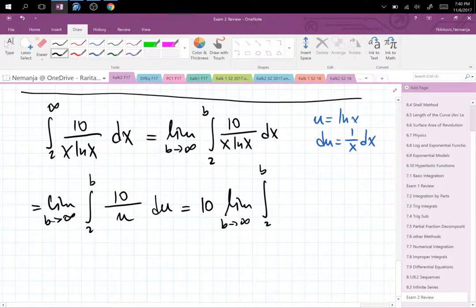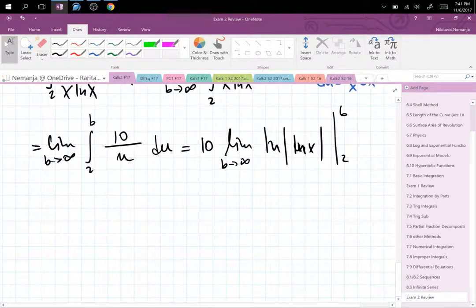And this becomes ln of u, but it's ln of x. I don't need the integral anymore. It's just ln of x from 2 to b. Do we see the divergence?